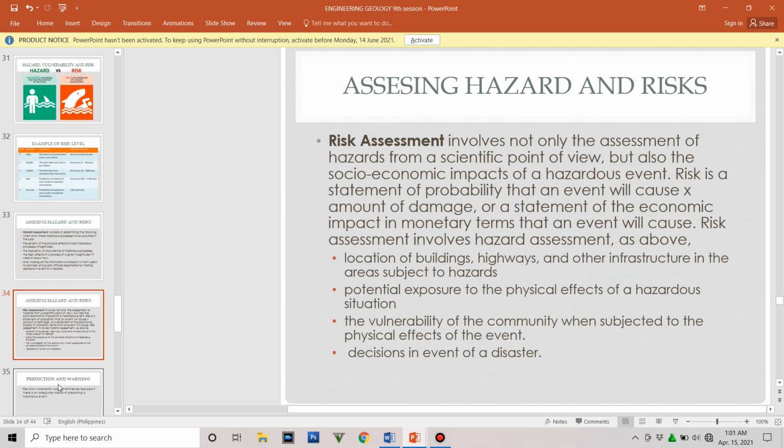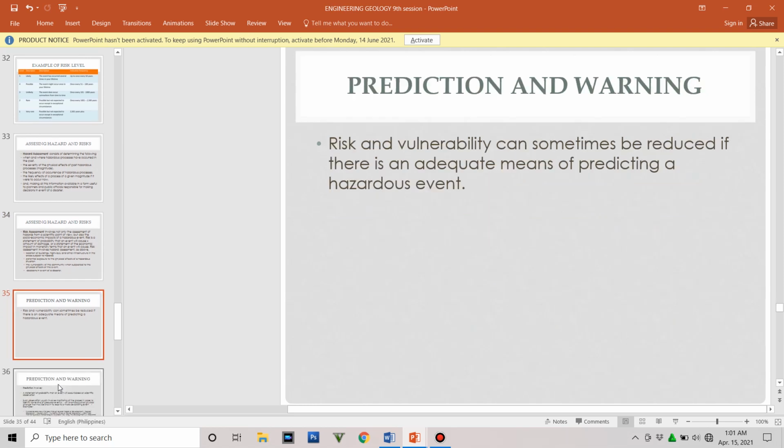So, pag nag-assess ka, syempre, asan ba yung mga vulnerable, yung mga building, highways, and then the potential exposure to the physical effects of hazardous situation. And we also have the vulnerability of the community when subjected to physical effects of this event and the decisions in event of a disaster.